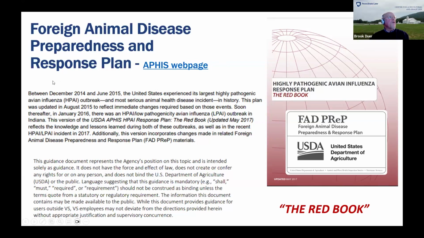This is what's called the Red Book, which is a form of, there's a whole series of these called Foreign Animal Disease Preparedness and Response Plans, and APHIS has them published, and this is how they look.